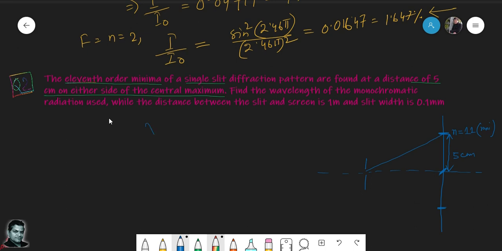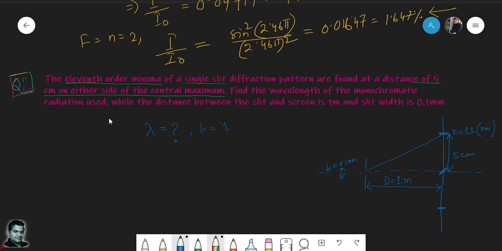So we have to find lambda is equal to what? The distance between the slit and the screen is 1 meter. So this distance is 1 meter, let's say this is capital D. And the slit width is B equal to 0.1 millimeter.